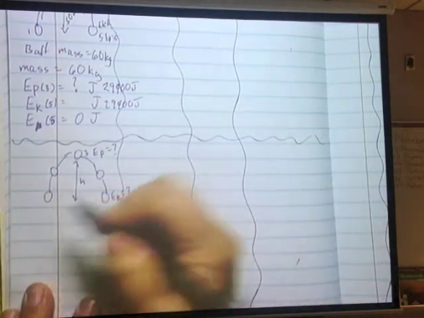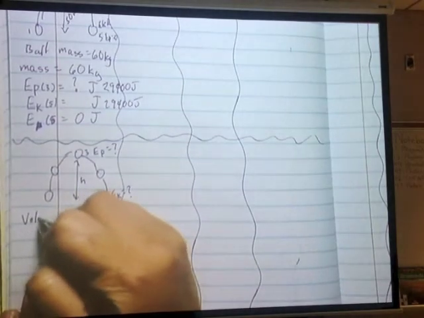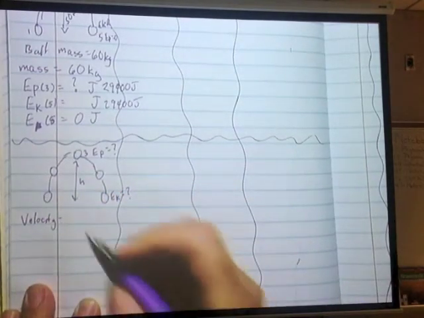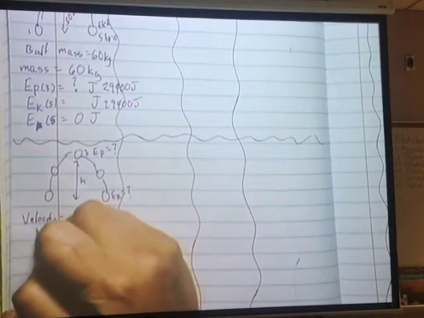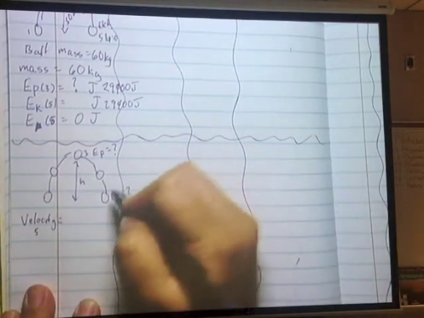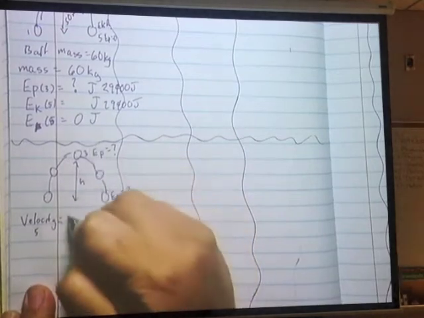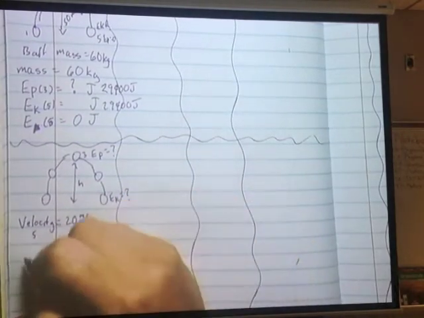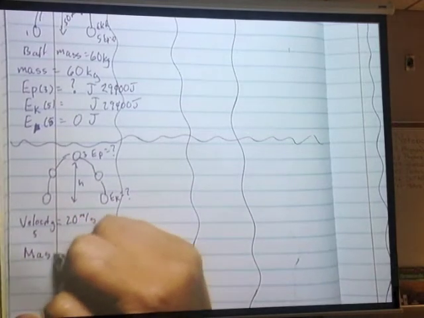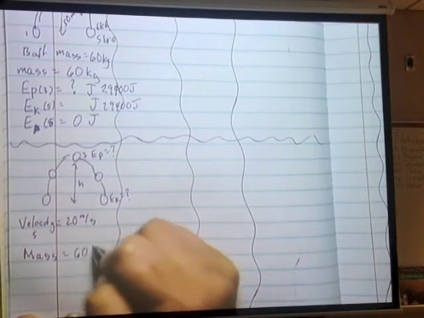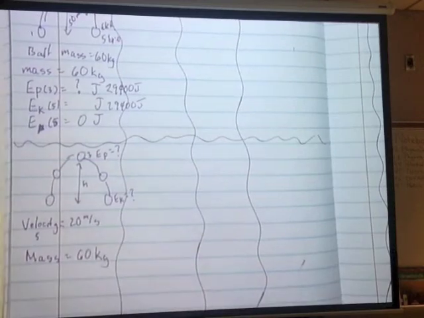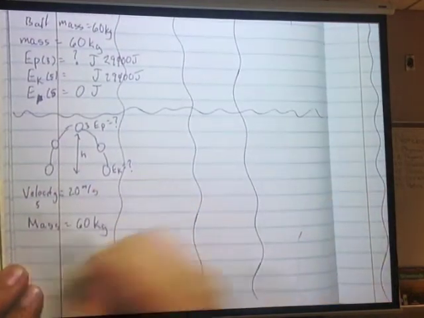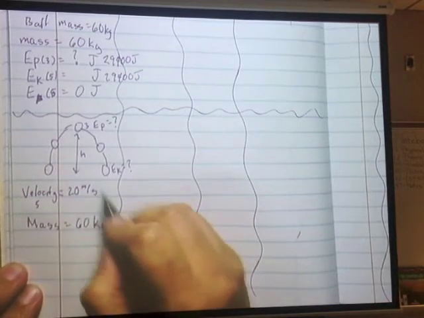Now you do know the velocity of the ball at 0.5, which is 20 meters per second. And you know the mass, which is equal to 60 kilograms. So all those things you know. So then you go to your units. Well, velocity I have 20 meters per second.